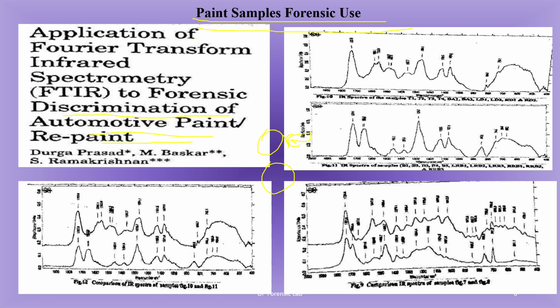Suppose this is red and this is also red. Even in the same color, you can easily distinguish. This is a very good technique, very sensitive. And in this paper, I discriminated automotive paint using FTIR spectra, which is already available on ResearchGate. You can get it from there.